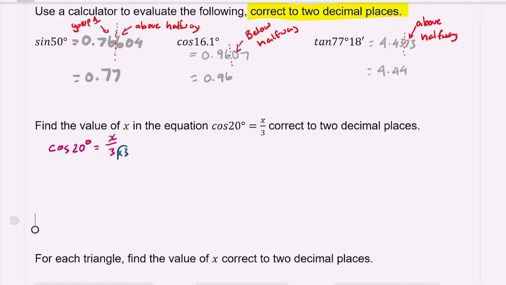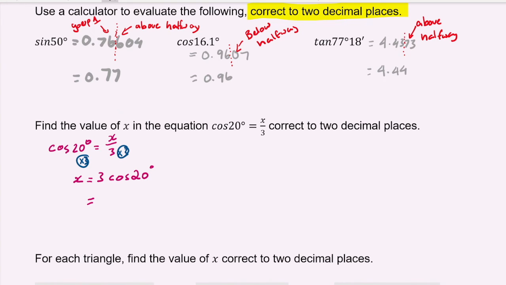So that's multiply by 3 because I'm dividing by 3. Gives me x equals 3 cos 20. And that's what I pop into my calculator.